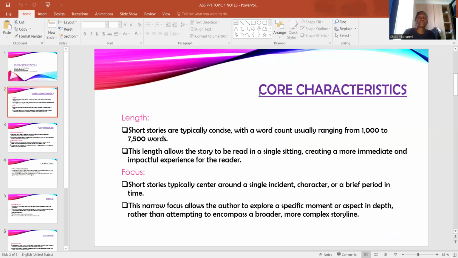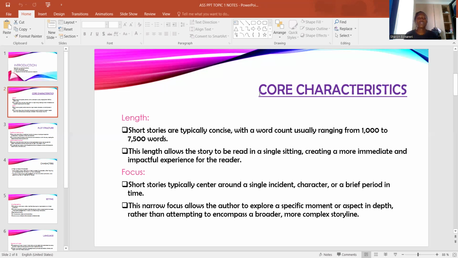When crafting a short story, you should consider the following two key elements, which are the length and focus.